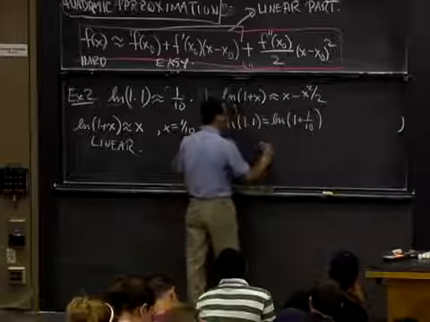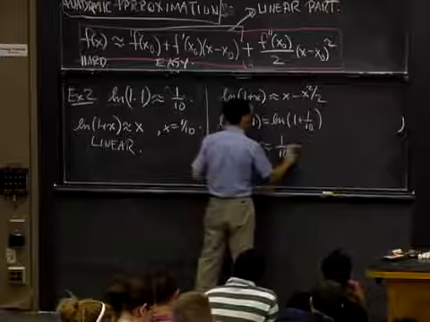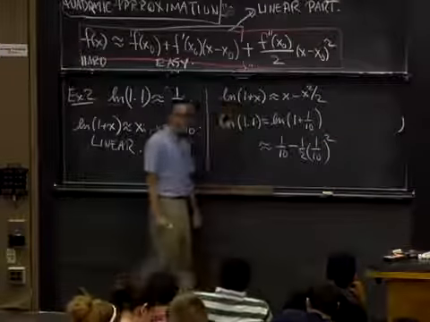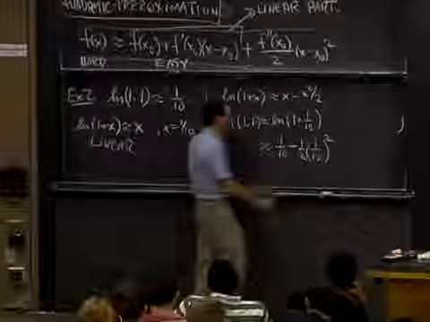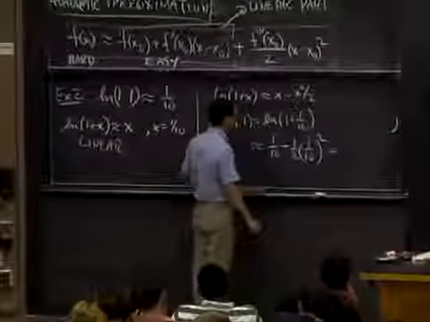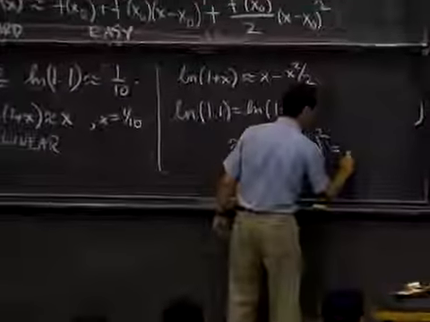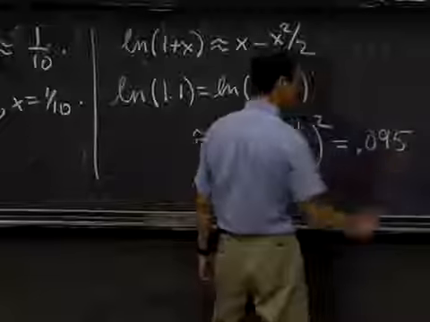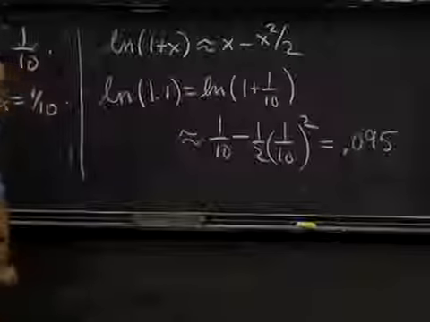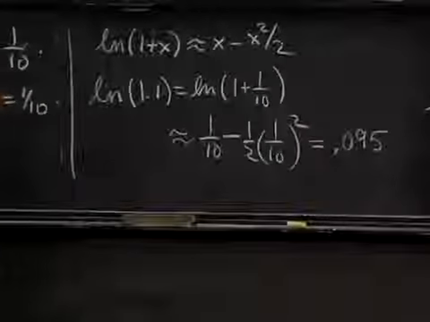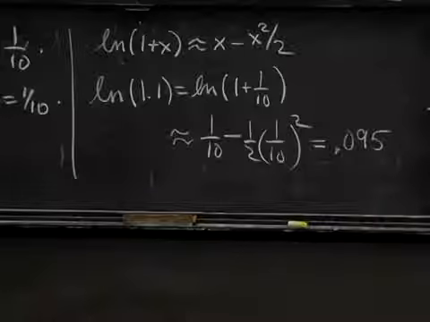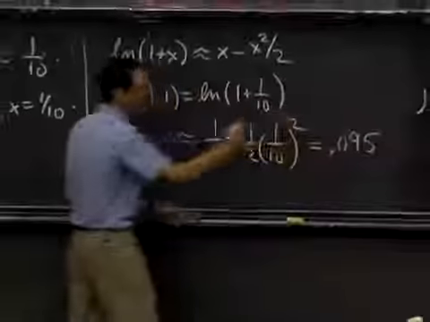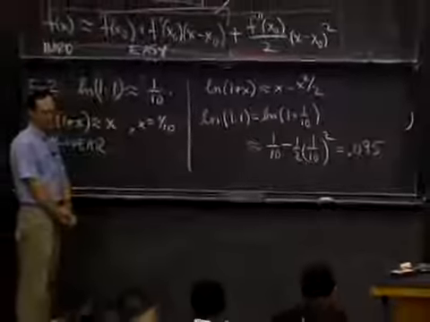So that's approximately a tenth minus a half (1/10) squared, right? So 1/200th. So that turns out, instead of being a tenth, that's what is it, 0.095 or something like that. It's a little bit less, all right? It's not 0.1, but it's pretty close. Okay? So if you like, the correction is lower in the decimal expansion.